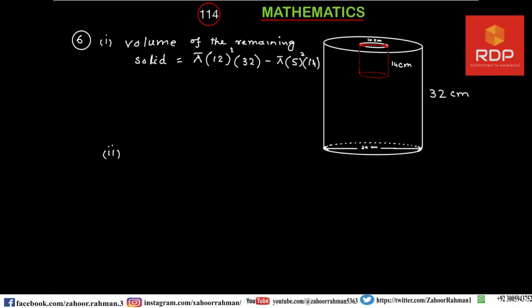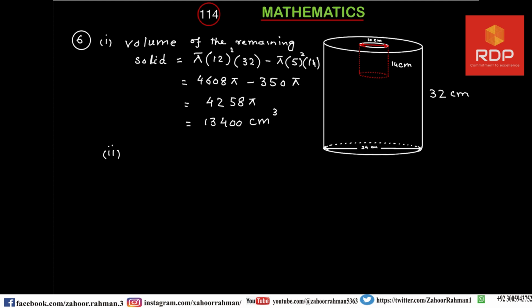After finding the first part, we will get 4608 pi, and the second one is 350 pi. When we subtract both these values from each other, we will get 4258 pi, and then we will get 13,400 centimeter cube, and that will be the answer.